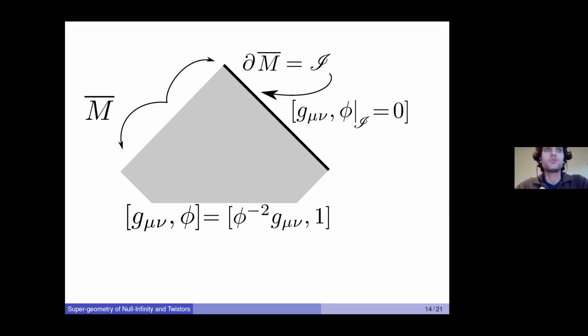Why is it useful? Just picture, because I think this is the important picture of this talk somehow. In the interior, you have this pair, and you can pick the gauge phi equal 1, and you have a metric. However, at the boundary phi goes to 0, so now you cannot achieve this gauge phi equal 1, and indeed, as we know, the boundary is just conformal geometry. There is no preferred gauge for the conformal metric.